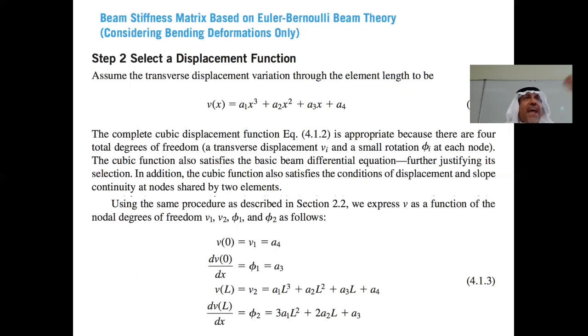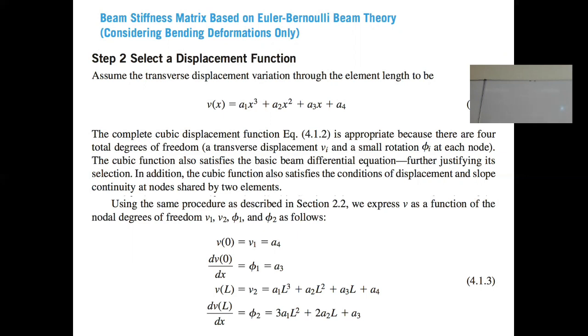Then we find A1, A2, A3. After finding them from the conditions, we substitute there.